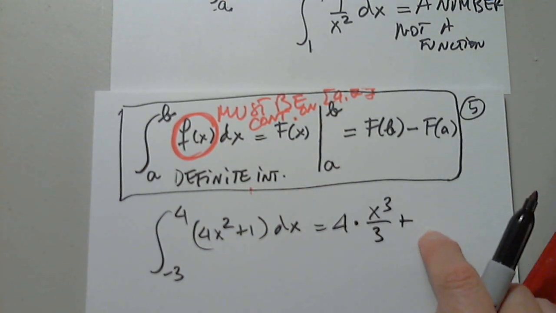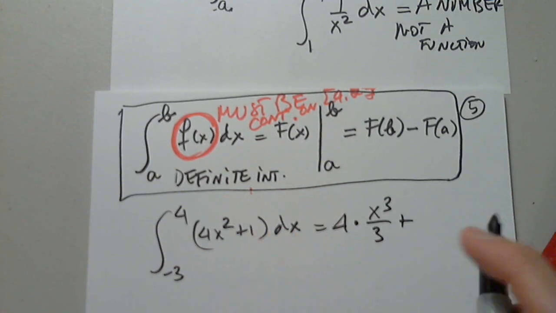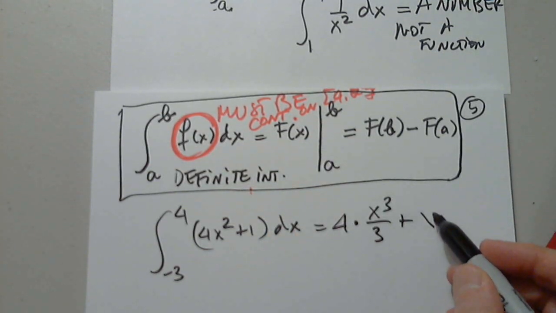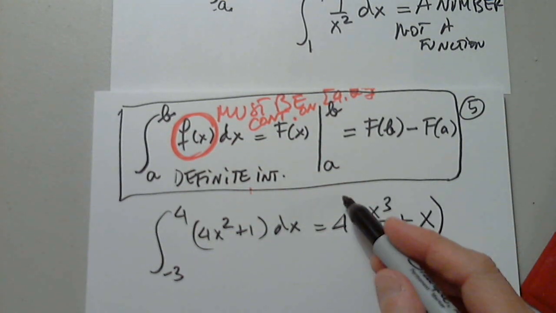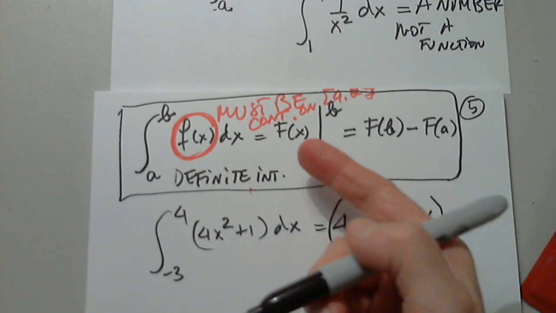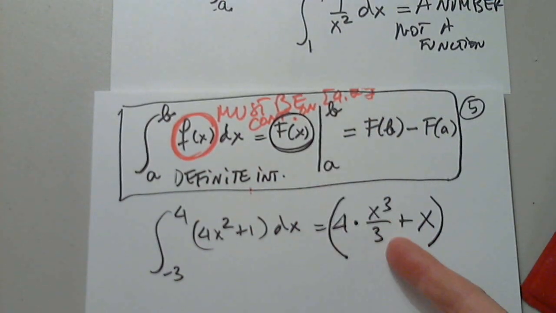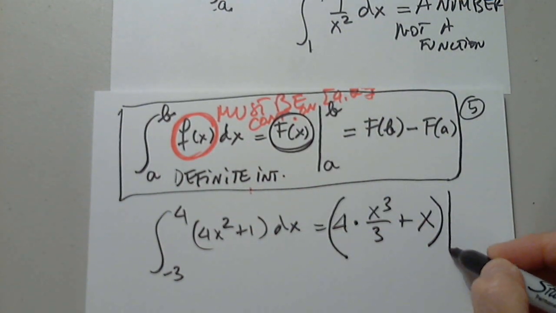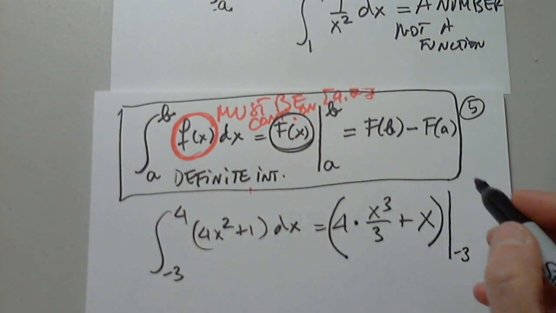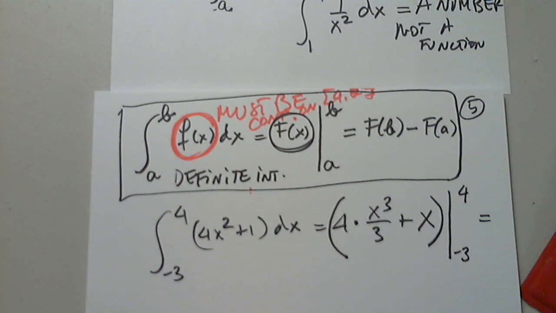Plus, what function, prime, is 1? 1x. Very good. Awesome. We have to put in parentheses whatever we obtained. So this is the antiderivative. We have to copy a vertical bar. I have to copy the -3, and I have to copy the 4. How do I continue? I plug in 4 everywhere.